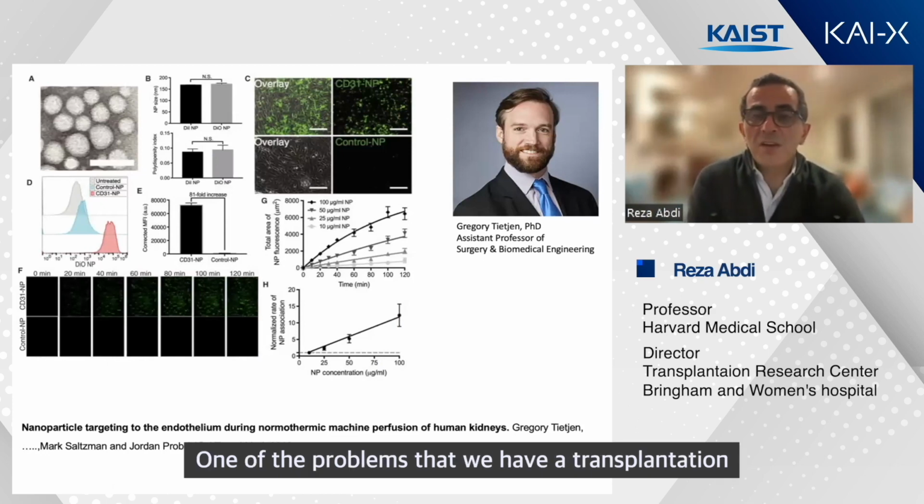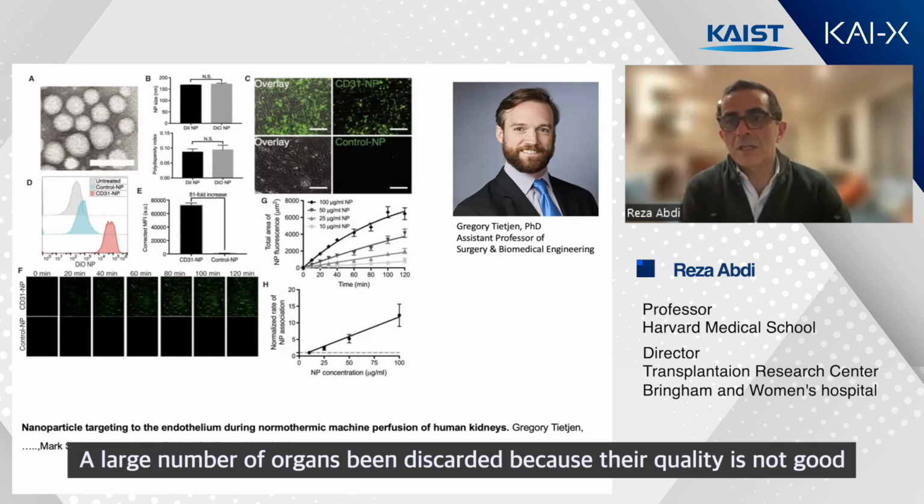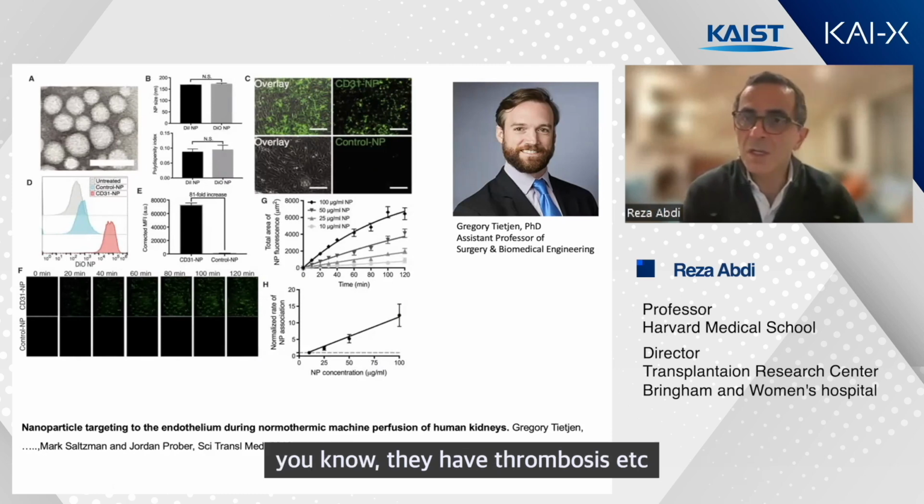One of the problems that we have with transplantation in general is that we actually discard quite a bit of tissue. A large number of organs are being discarded because their quality is not good. They are ischemic, or they've been in ice cold for too long. They have thrombosis, et cetera, et cetera.